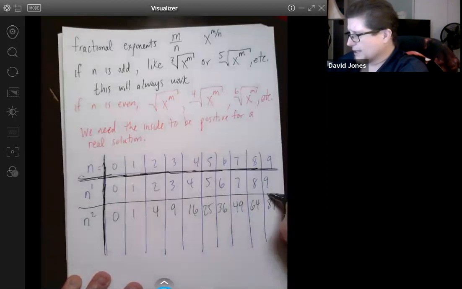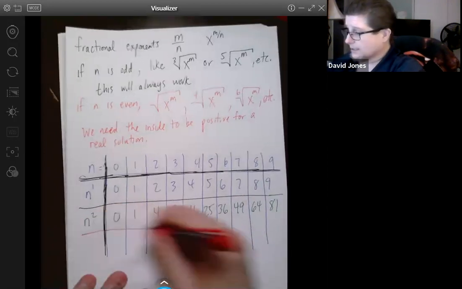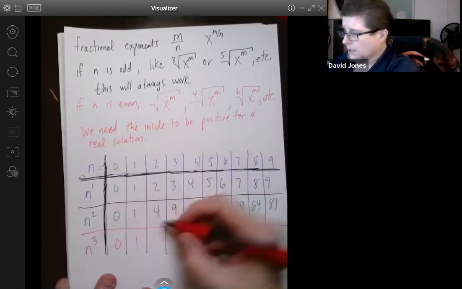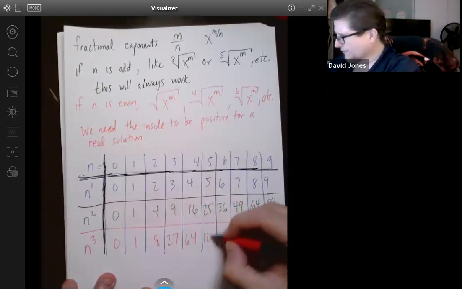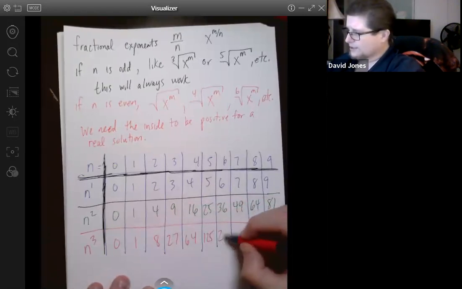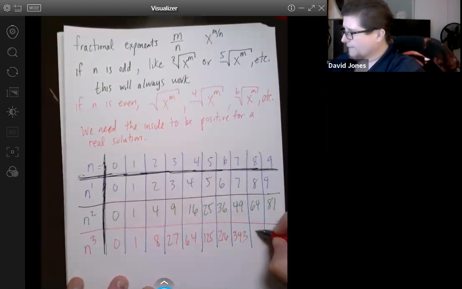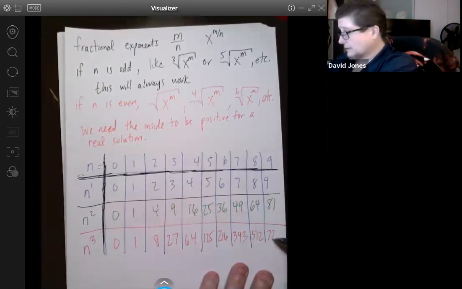These are from the multiplication table. The one you may not have memorized, n cubed: 64, 125. This is 216, 343, 512, and that's 729.